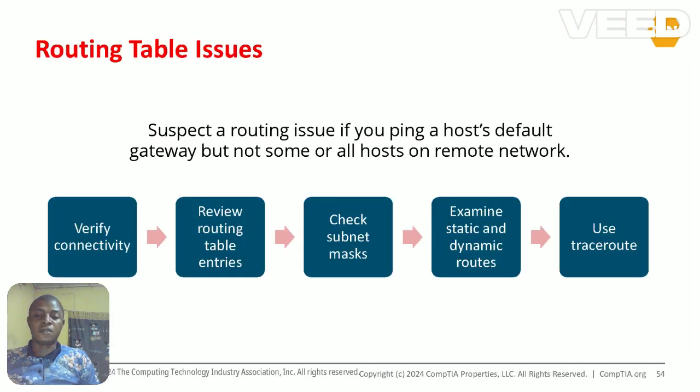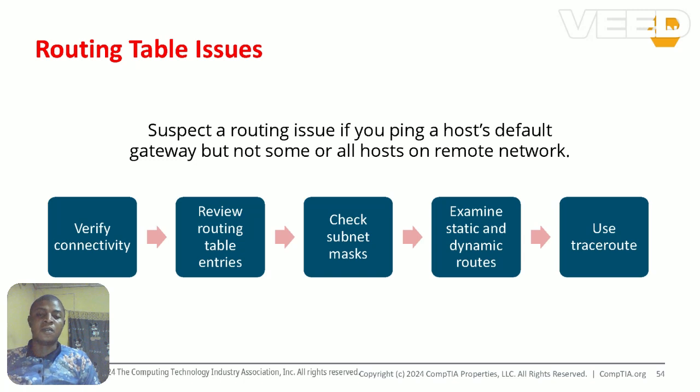Routing table issues. There might be issues in the process of sending your packet from one router to the other. Most times, these are some of the ways out. Number one, suspect a routing issue if you ping a host's default gateway, but not some of the hosts on the remote network. So when you ping, you verify the connectivity.